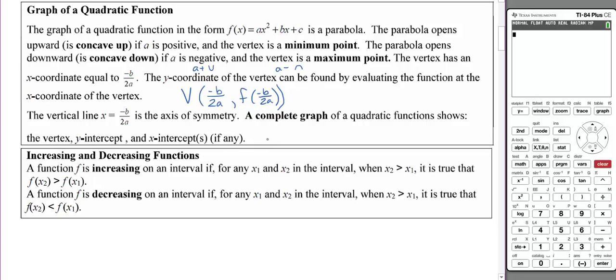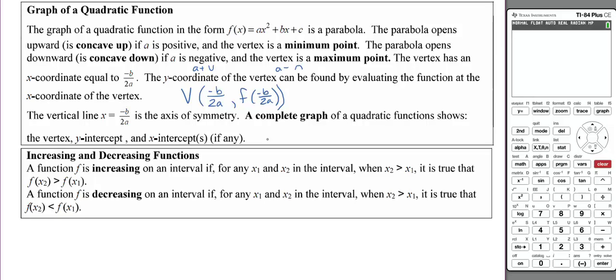The vertical line x equals negative b over 2a is the axis of symmetry. Remember that a complete graph includes particular things. For a quadratic function, it's going to show the vertex, the y-intercept, and the x-intercept, if any.